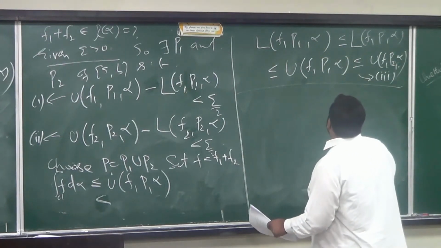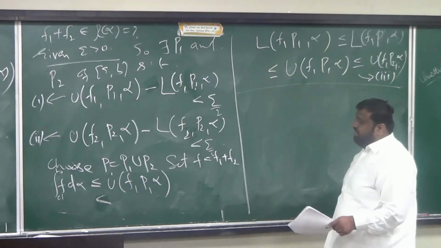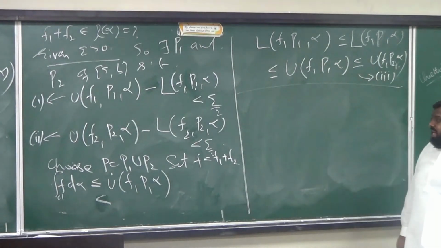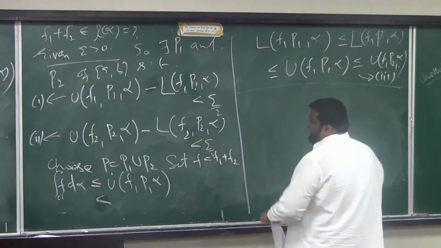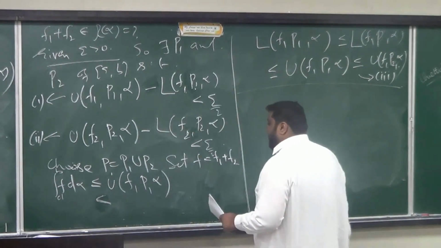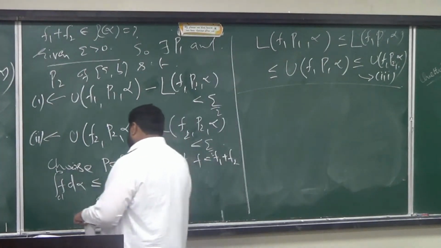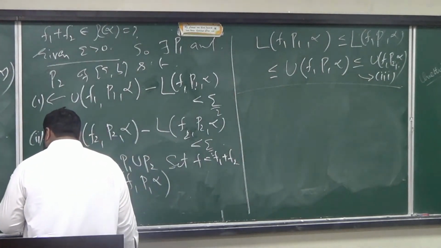What refinement? No, that's just a common refinement. That's a common refinement. So my claim is that using inequality 1 and 2 and 3, I can find an estimate on this integral f, and that estimate is going to be less than what?